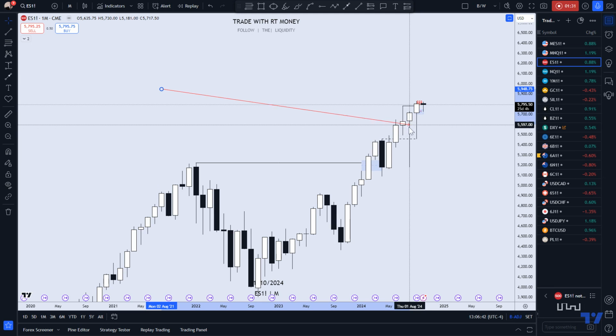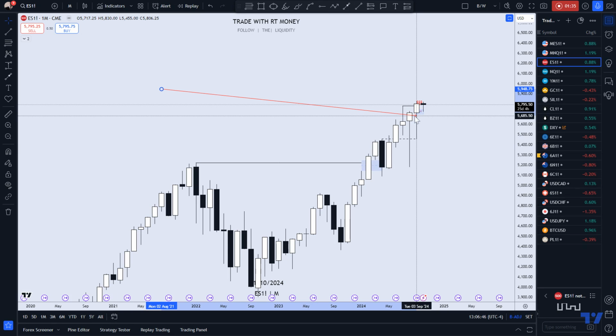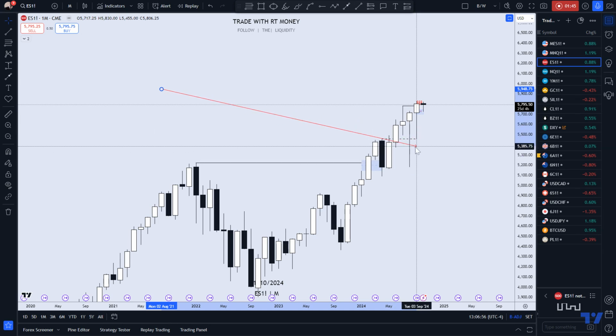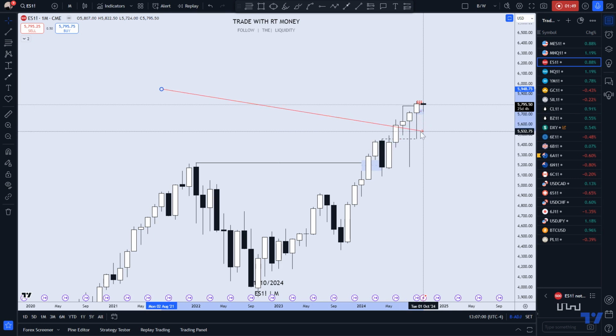What's important when you see a long wick like this, the next candle, you don't want to see it go past the midpoint of this wick. If it does, it usually means that price may go on to fill it.